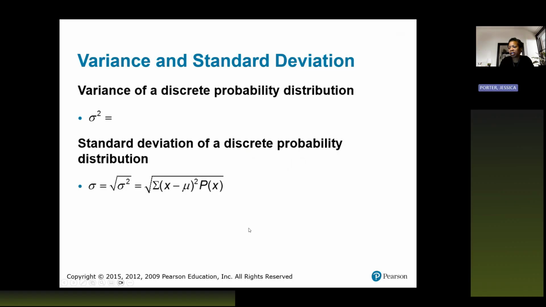So then the variance of a discrete probability distribution, this is going to be like we did before, where we're building tables. But the variance here is the summation of x minus the mean squared times the probability of x.